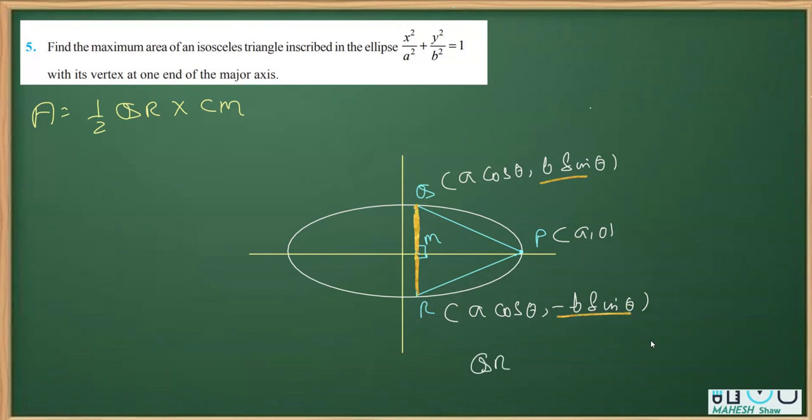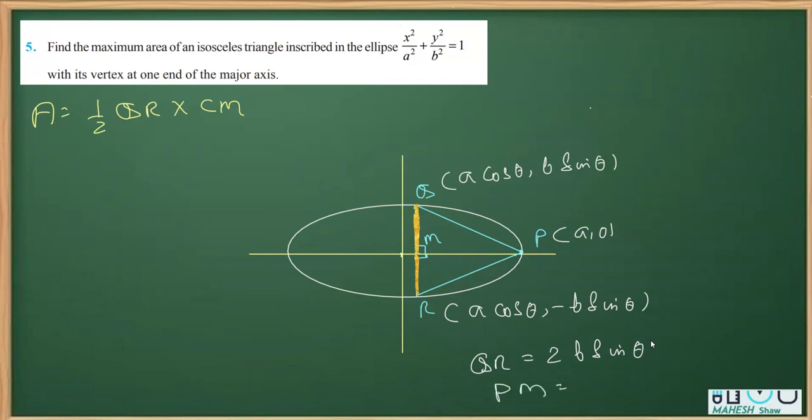But as you know, distance is always positive, so we'll be taking positive. So this is B sin theta plus B sin theta, so it will be 2 times B sin theta. And if we talk about the altitude, it is PM.